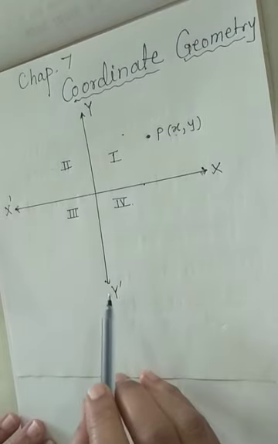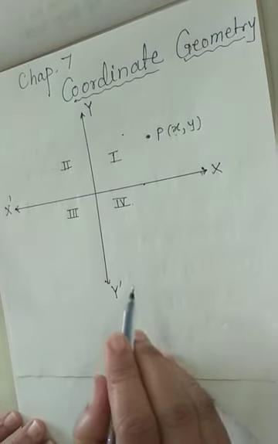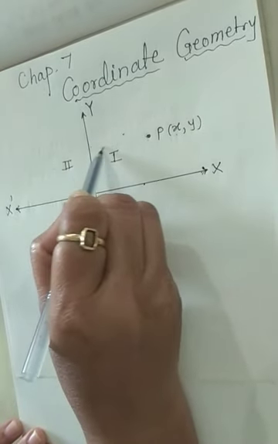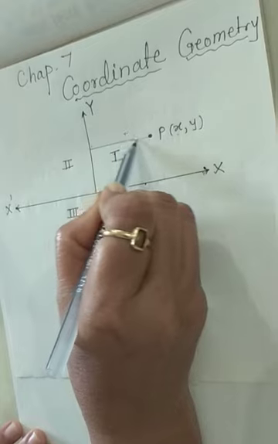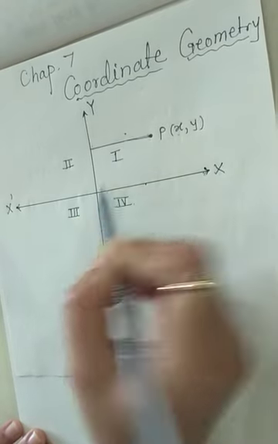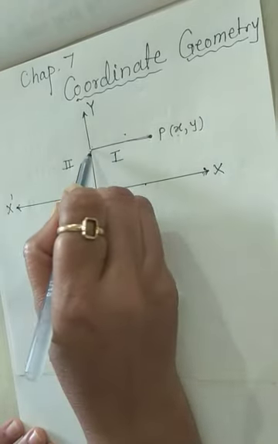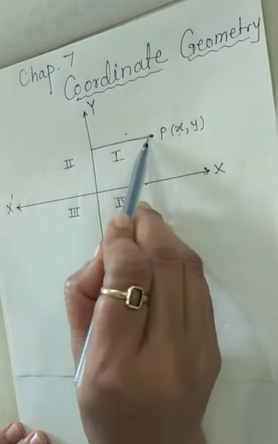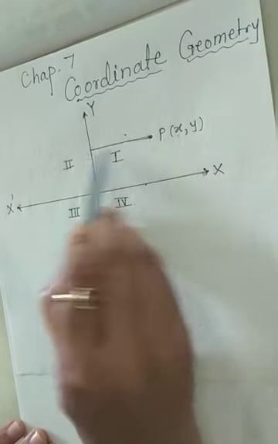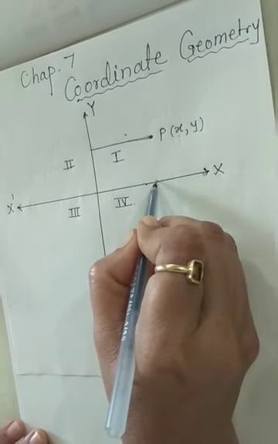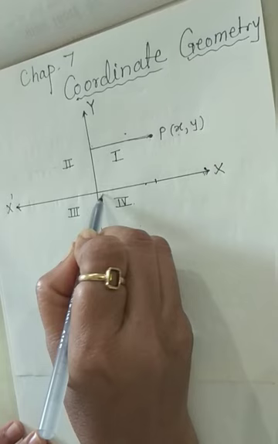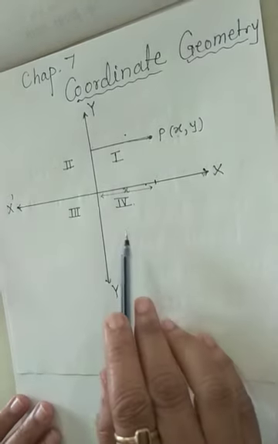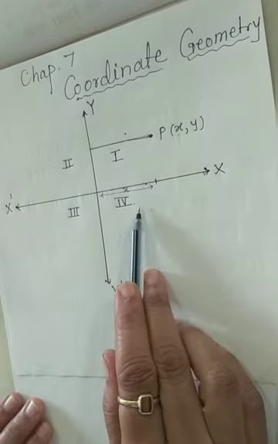Now here the x-coordinate of a point is its perpendicular distance from the y-axis, measured along the x-axis. That means this is our x-coordinate. And this distance is also known as the abscissa.